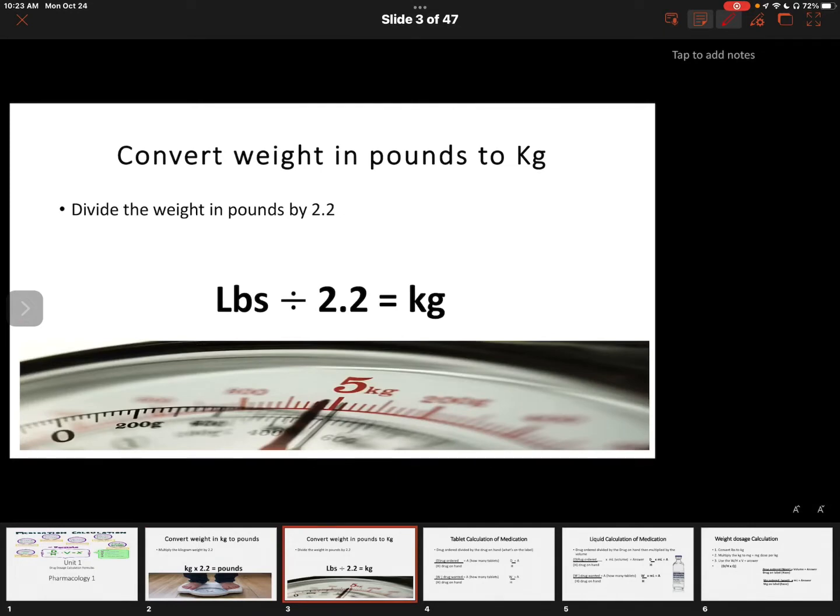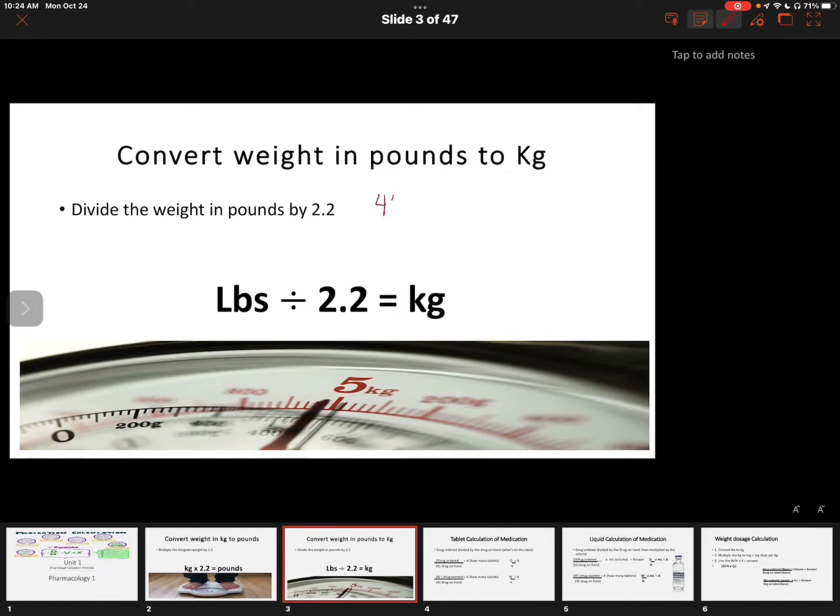Let's look at the next slide, where we're taking the weight in pounds and converting it to kilograms. When we do this, we're doing the opposite. We're taking the pounds and dividing by 2.2, and that gives our answer in kilograms.